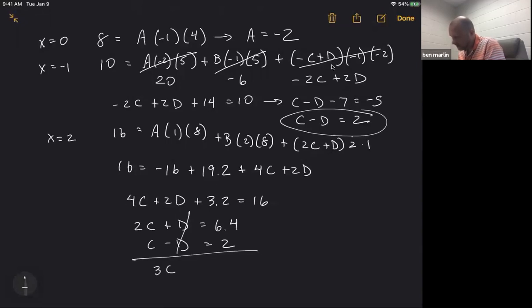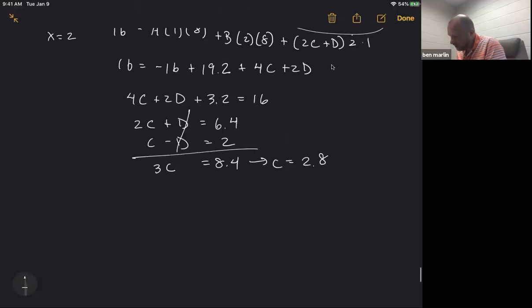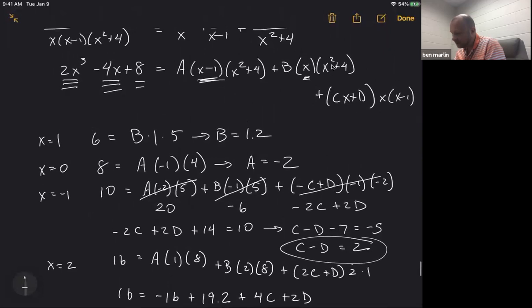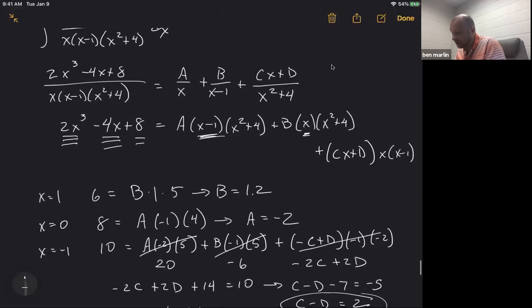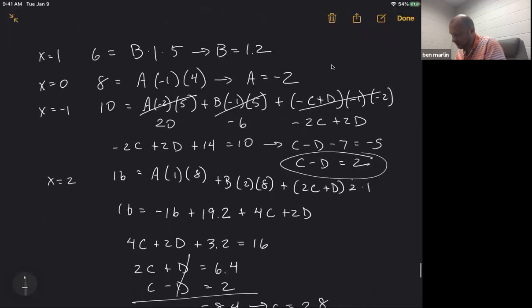I'll have 3c is equal to 8.4, so c is equal to 2.8. And since c minus d needs to be 2, the d must be 0.8. Now I've got all my stuff. And I have to scroll all the way back up here to see what I was working on. So a over x, b over x minus 1.